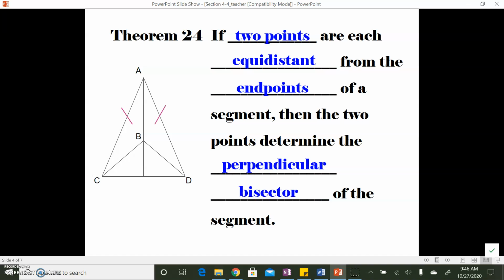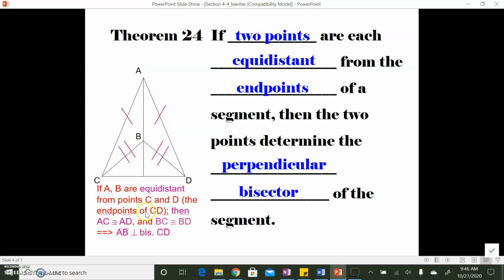So if we know B is the same distance to C and D, so BC is congruent to BD, and AC is congruent to AD, we can conclude that AB is a perpendicular bisector of CD. The given is the equidistance, and the conclusion is the perpendicular bisector.